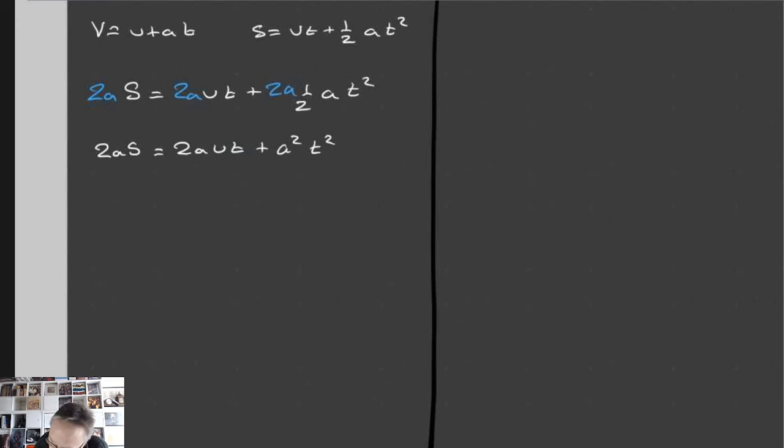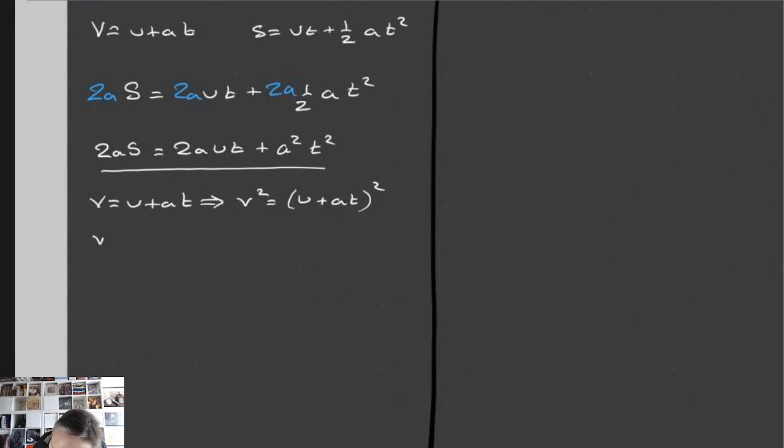Okay, now let's bring in v is u plus at. And what I'm going to do is square it. So v squared is (u plus at) squared. v squared is u plus at multiplied by u plus at.